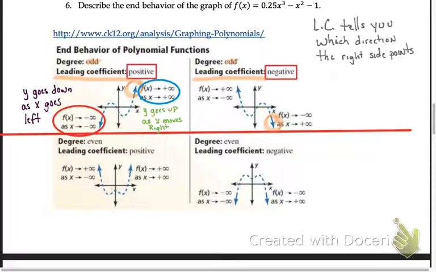Okay, so y is moving down as I keep going to the left. Even as it travels down, it's still moving left ever so slightly. Some will really move left. Some will just look like they're almost going straight down.